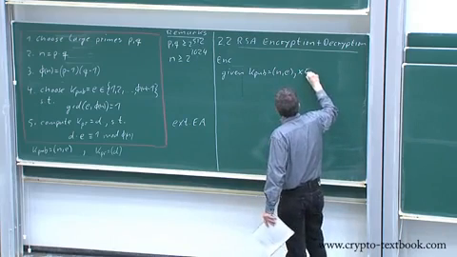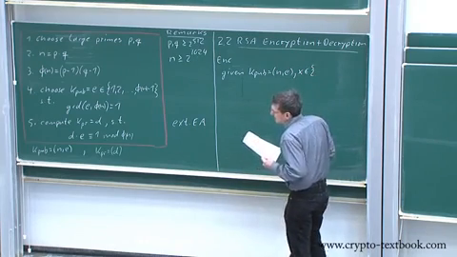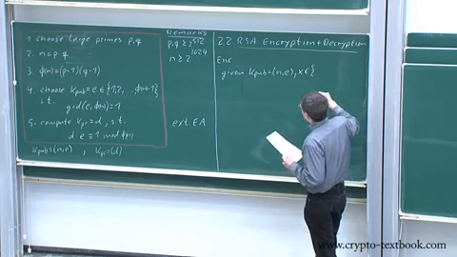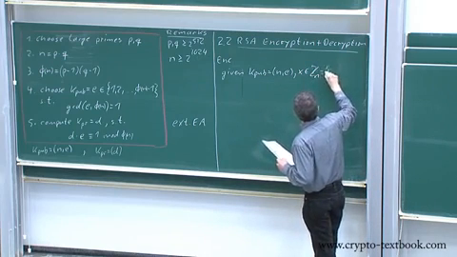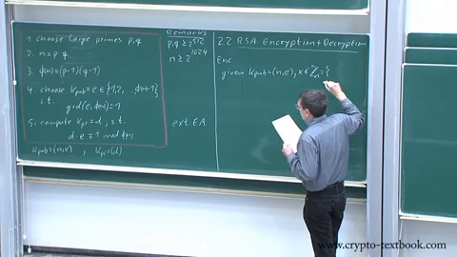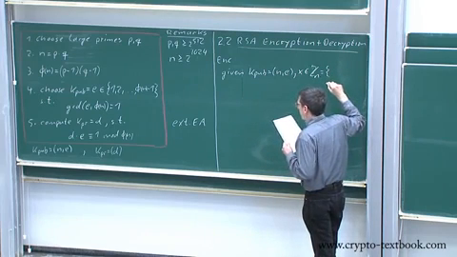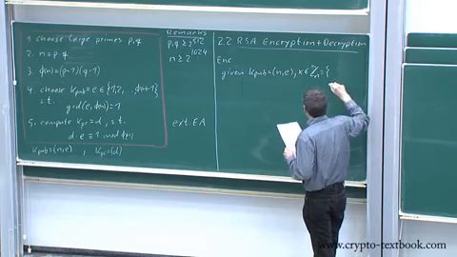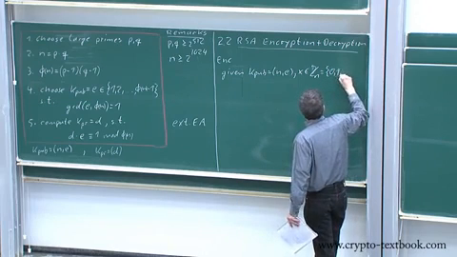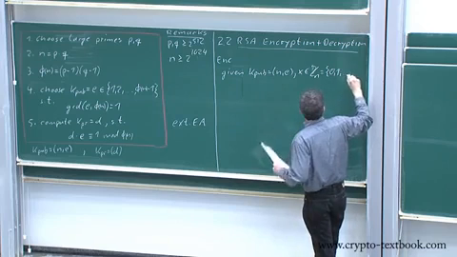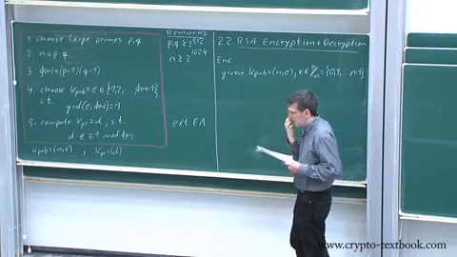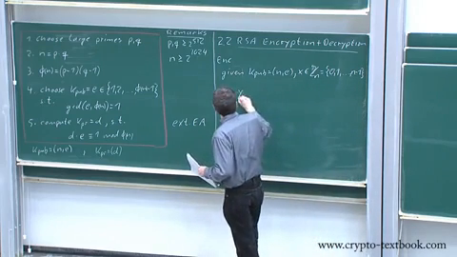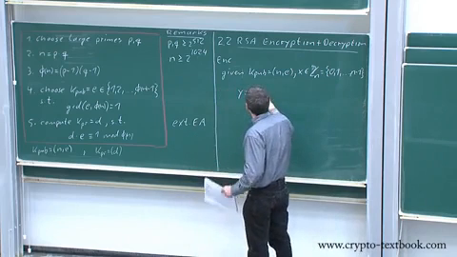We encrypt a message, and the message now has a restriction. It must come from a certain set, namely from Zn, consisting of the numbers 0 up to n minus 1. And now the actual encryption computes the ciphertext y.